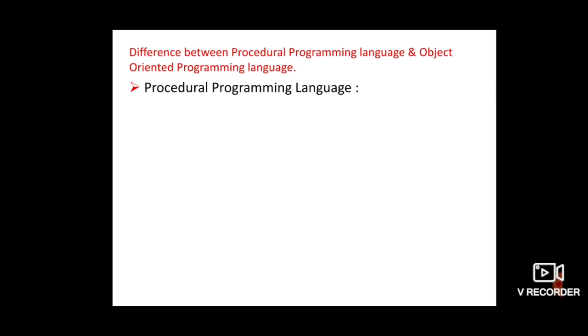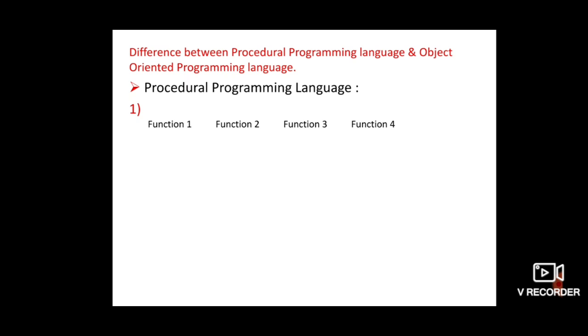This is the main difference between them. Now first see the advantages in procedural language. In procedural language, the program is divided into functions. Now see the example.